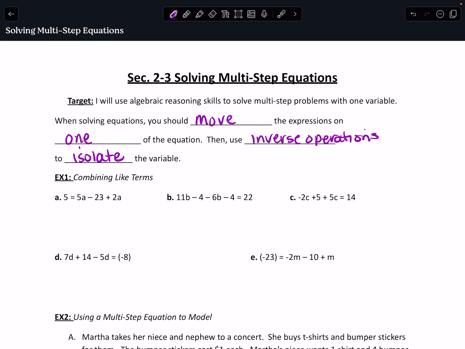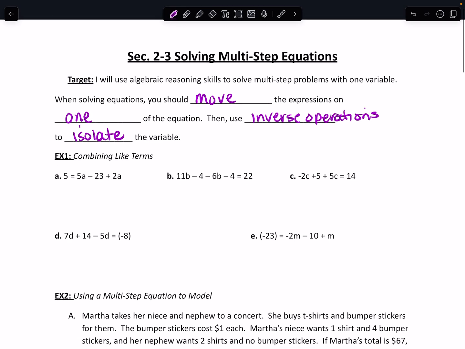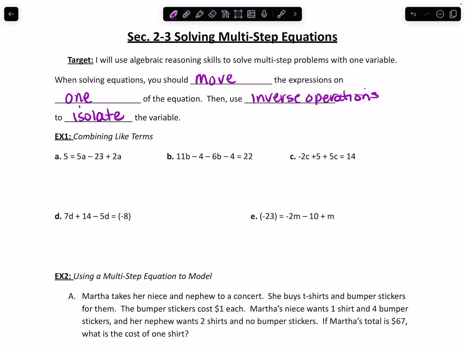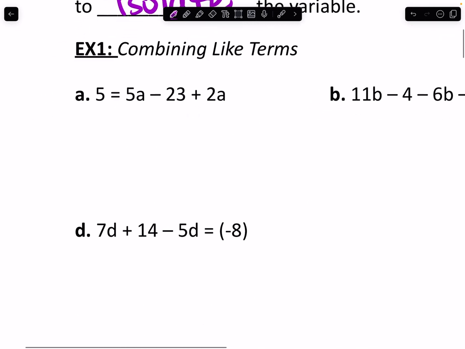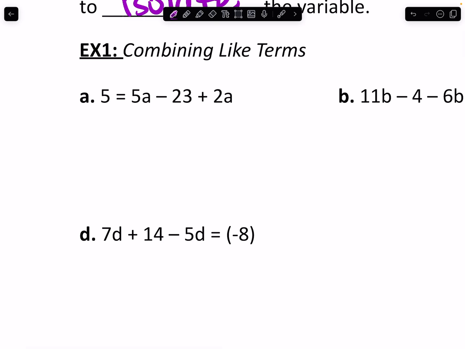So step one, you need to make sure that you combine like terms. This is something that we've already practiced quite a bit, but we're going to review it just to make sure that we understand it's important to do that. On the right side of the equation, that's where the variables are. So we have a 5a and a 2a.